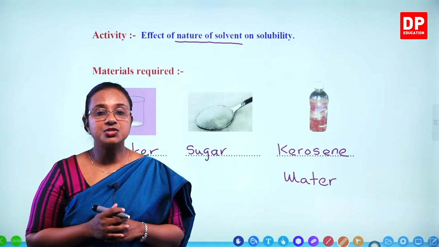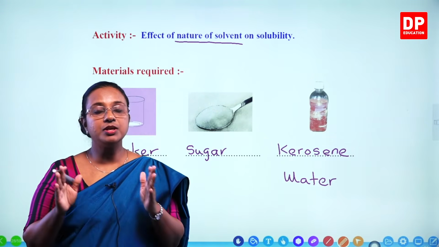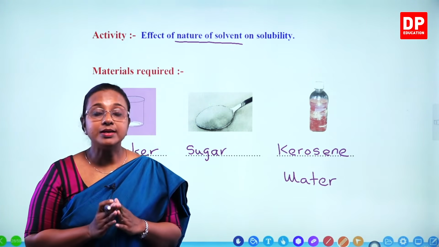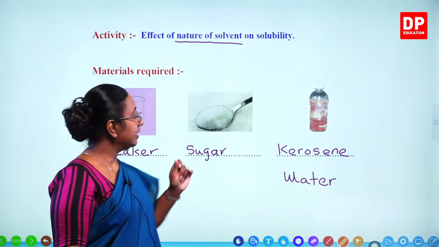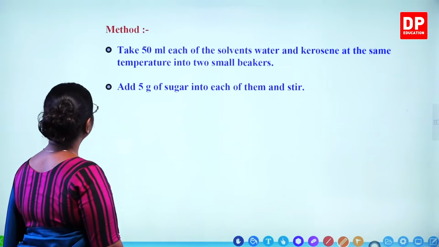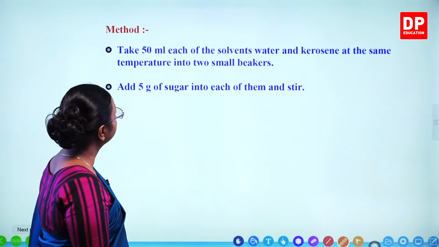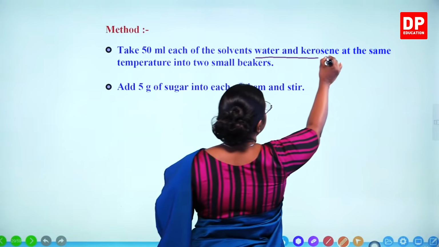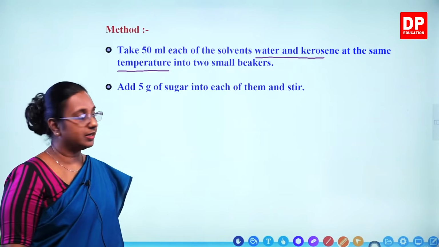And using glass rods or spoons, you can dissolve the solute in the two solvents and see what happens to the solubility. Let me go through the method again. Take 50 milliliters each of the solvents, water and kerosene, at the same temperature into two small beakers.